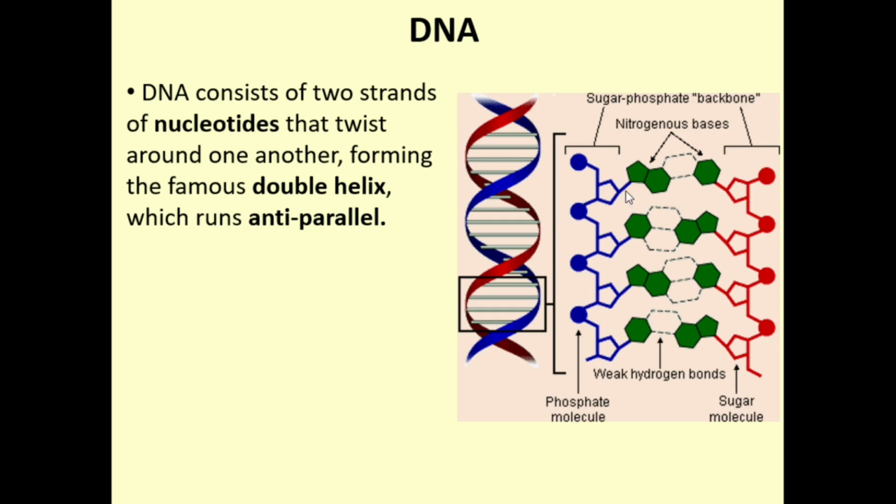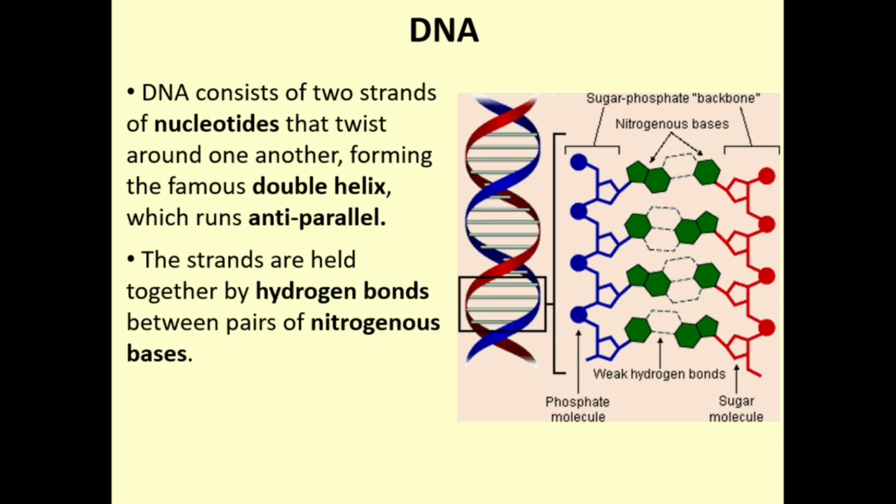They are parallel in the sense that they could go on forever without touching, but anti-parallel means that one strand runs in one direction and the opposing strand runs in the opposite direction. Those two anti-parallel strands are joined together by hydrogen bonds between the pairs of nitrogenous bases.